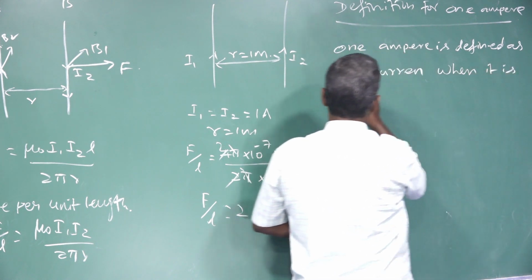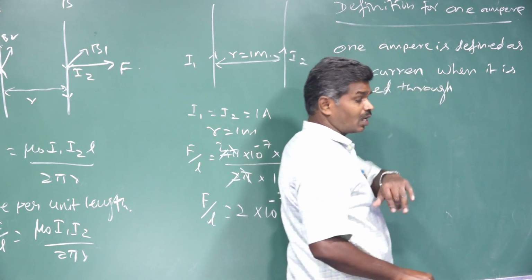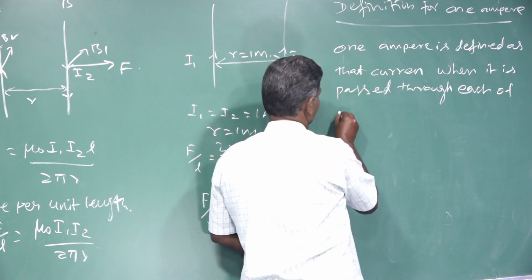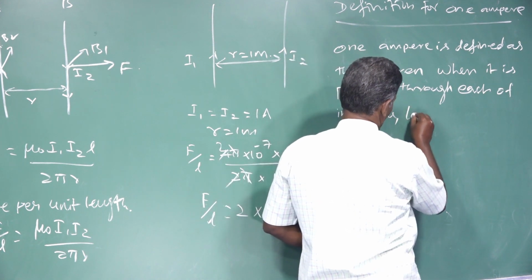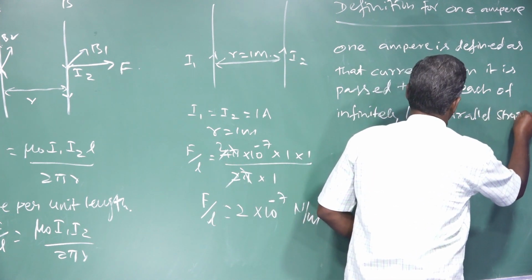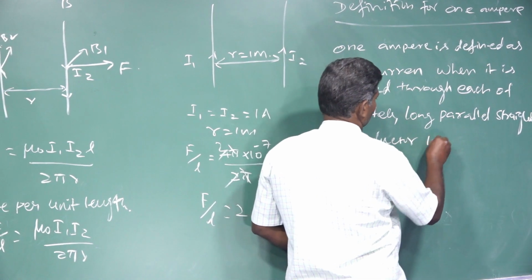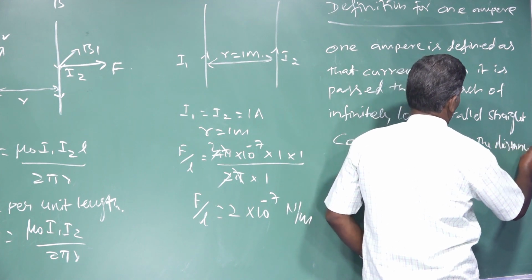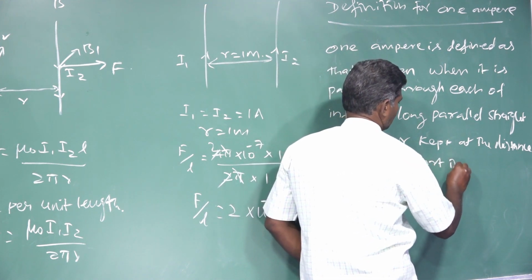through each of the conductors, where the conductors are infinitely long, parallel, straight conductors kept at a distance of 1 meter apart in vacuum.